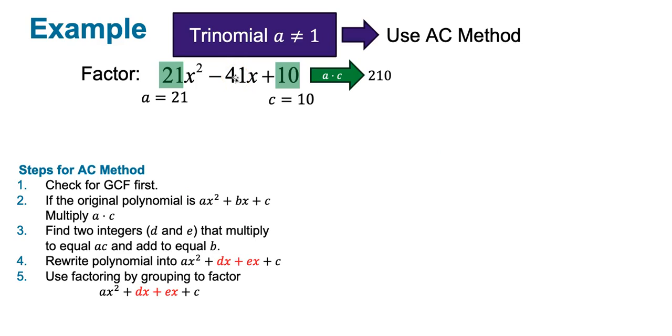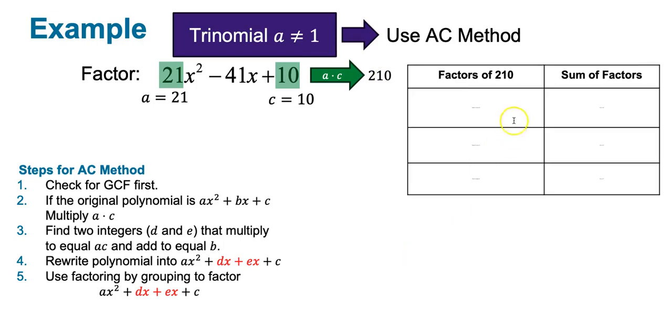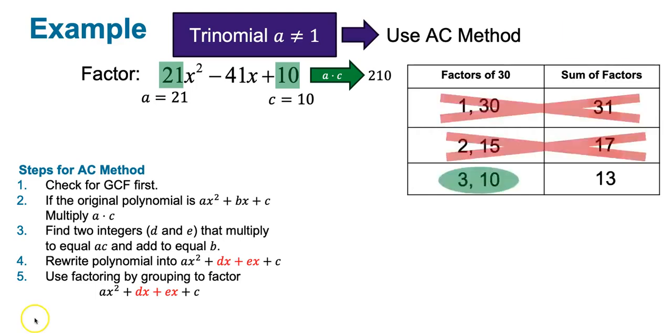This is similar to what you do with the a not equal to 1 case for trinomials, except we're not trying to find numbers that multiply to equal 10. Instead, we're trying to find numbers that multiply to equal a times c, which is 210. So we need to find two numbers that multiply to 210 and add to equal negative 41.